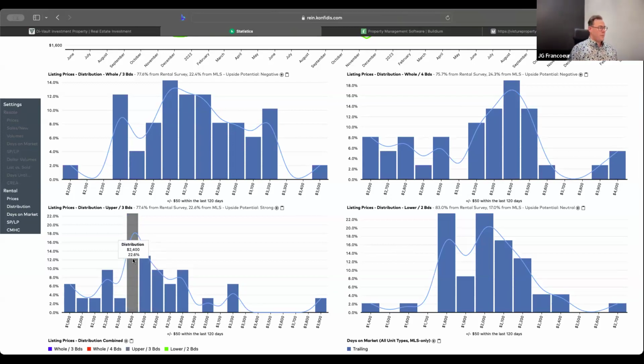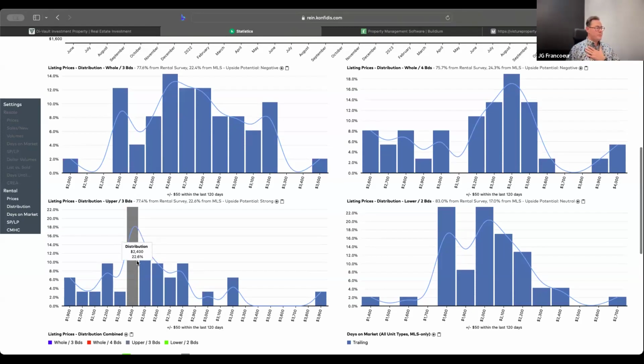Check out the upper 3 bedrooms. If you called my office today, I would tell you that an upper 3 bedroom will rent somewhere between 2,200 and 2,600. And you can see that the bulk of the distribution is in the 2,400 and 2,500. So if you're looking to renovate your 3-bedroom unit in Peterborough, or you're looking to buy a duplex, you can count, assuming it's in a good location, assuming it's a good property that's well finished.